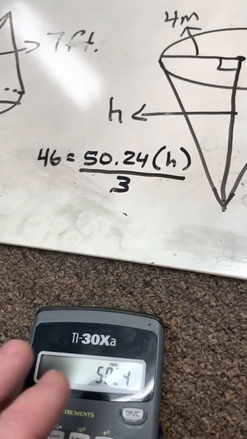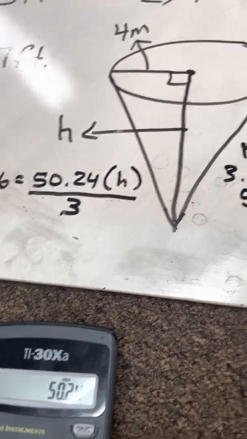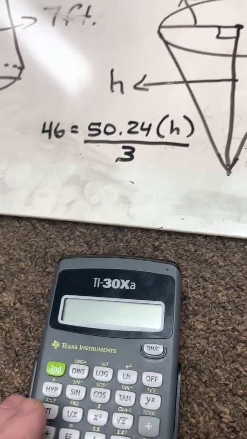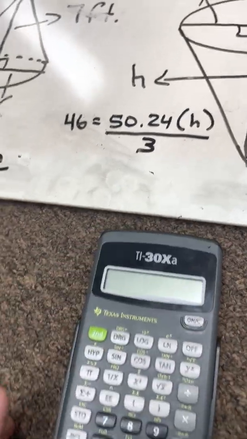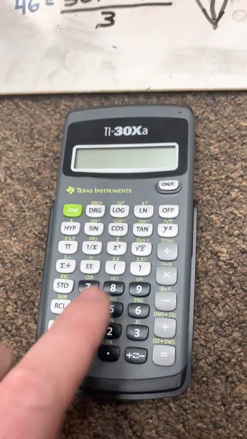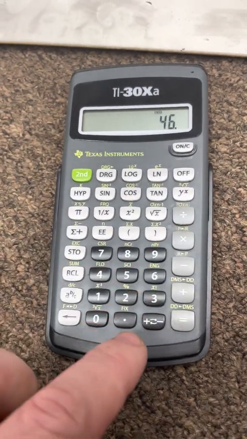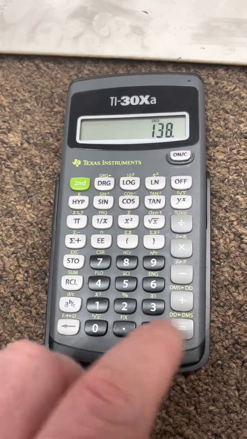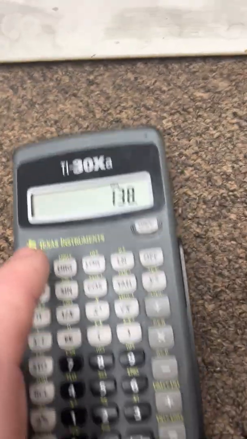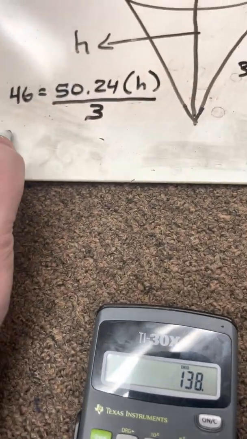So I'm going to multiply both sides by 3 to isolate the 50.24H. All I'm doing here is 46 times 3, which gives me 138.